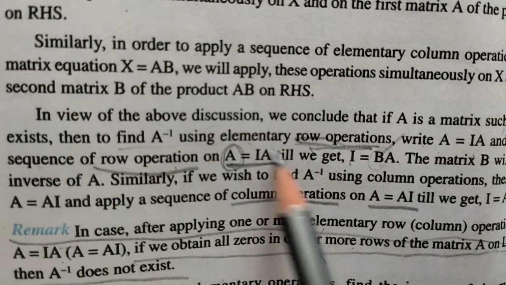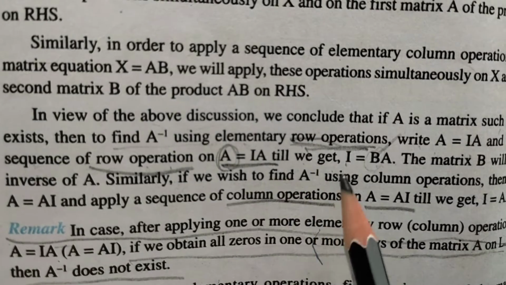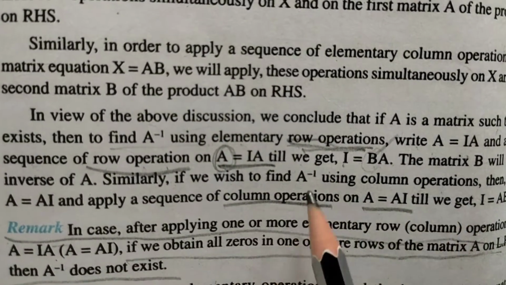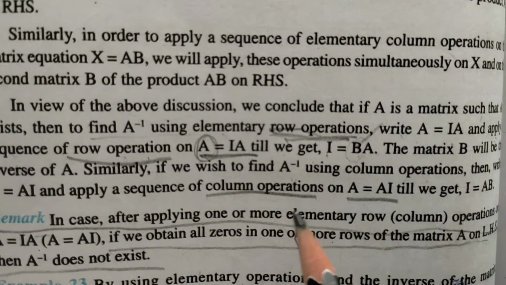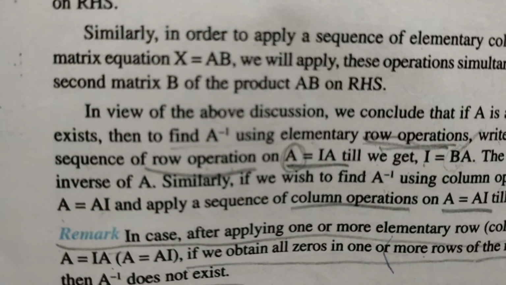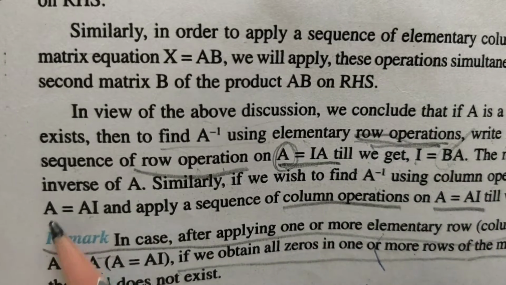So this is done with the row operation. The similar process can be done by using the column operation to find the A inverse. In that case we have to write A is equal to AI, not A is equal to IA.